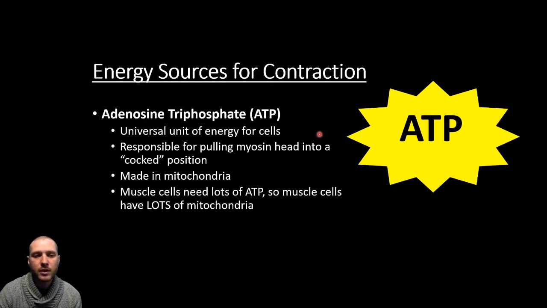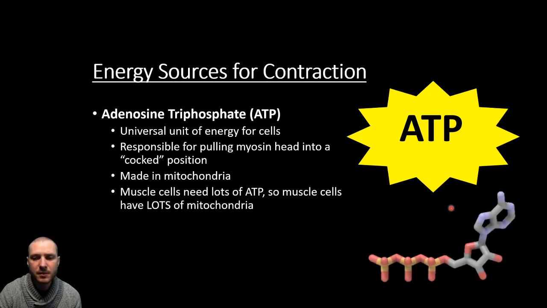And the reason this is important is because when those myosin heads pull on those actin filaments, the ability for the myosin head to get in that cocked position is going to be determined by if ATP binds to the site on the myosin head or not. And if you remember, it's going to be made in the mitochondria. And because muscle cells need a lot of ATP, it means that they're going to have lots of mitochondria within that sarcoplasm.